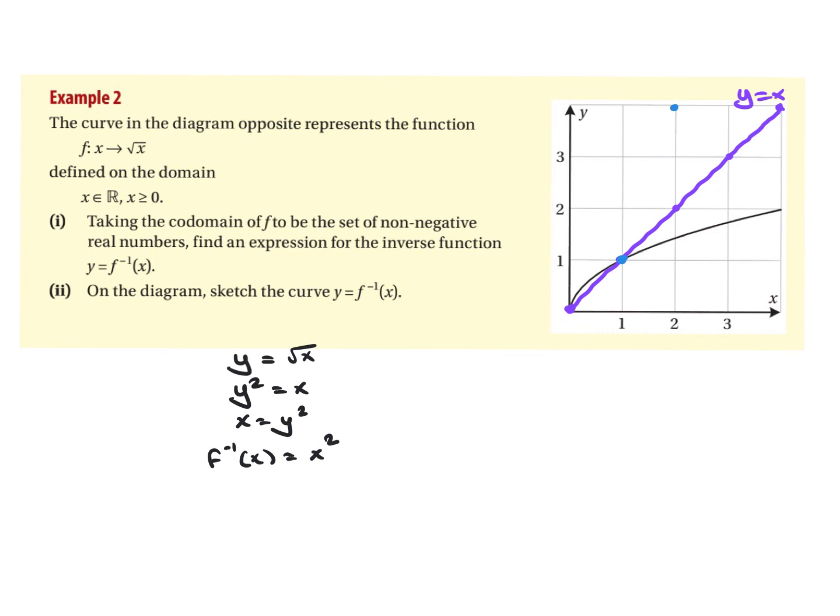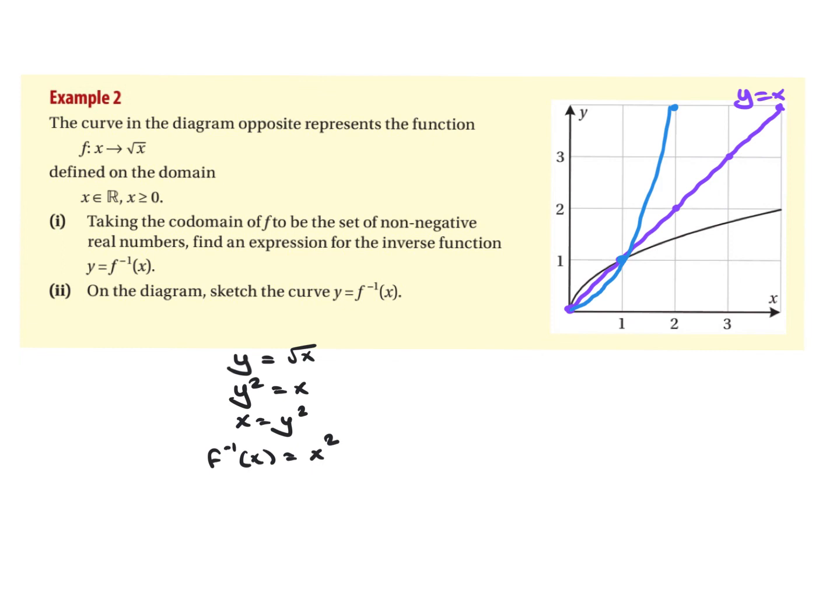Now, hopefully you can see that this is a curve, which means there's a good chance that the inverse is going to be a curve, and you can see that this is an x squared. You know it's going to be some sort of curve that's U-shaped. So if I draw it roughly, it's going to look something like this. Roughly. I'm not going to get it perfect.